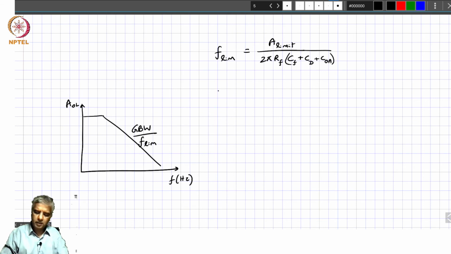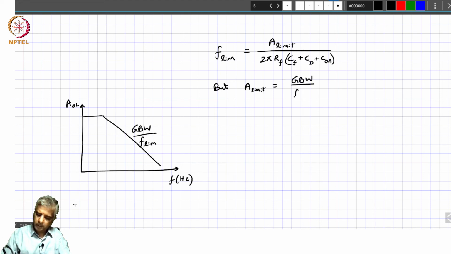But we also know that A limit is given by gain bandwidth divided by f limit, and you can choose that f limit to correspond to your 3 dB frequency.